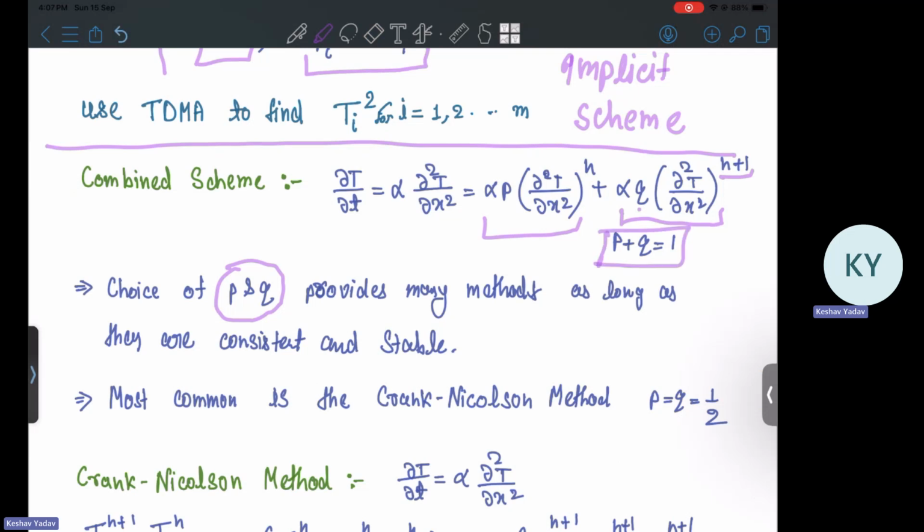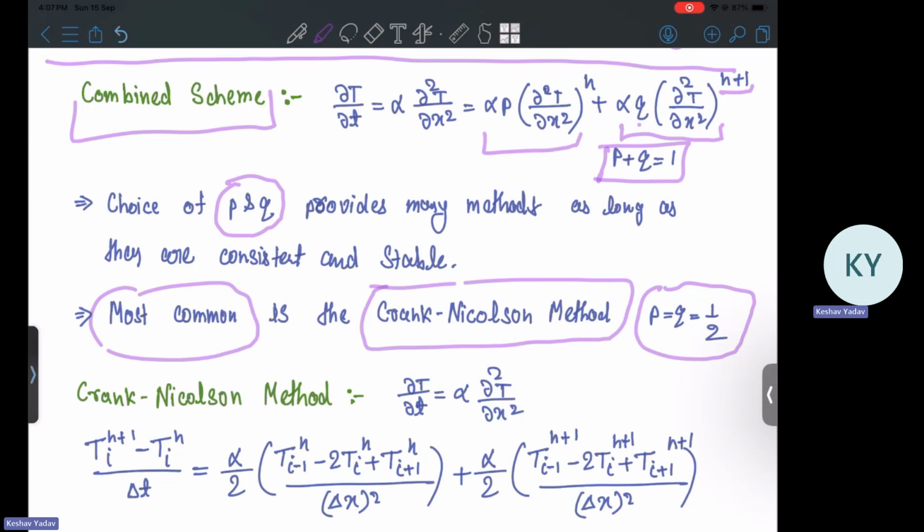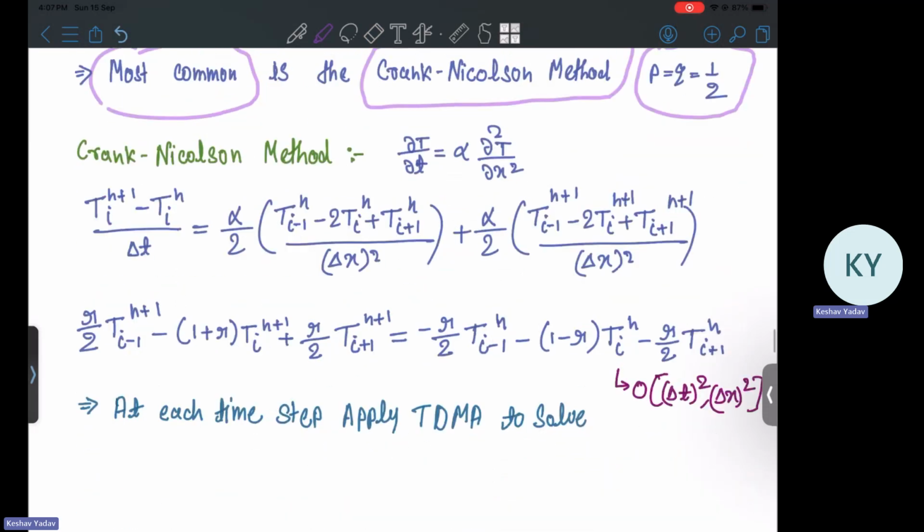So any combination of p and q we can take and come up with a combined scheme. Okay. Generally, the most common combined scheme that is used is known as the Crank-Nicolson method. Okay. In the Crank-Nicolson method, we take p equal to q equal to 1 by 2. So what we do here, we write this as earlier, and we divide this as alpha by 2 and alpha by 2.